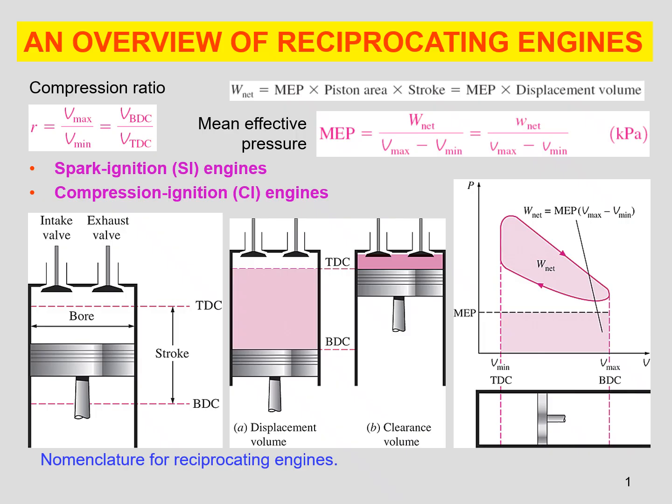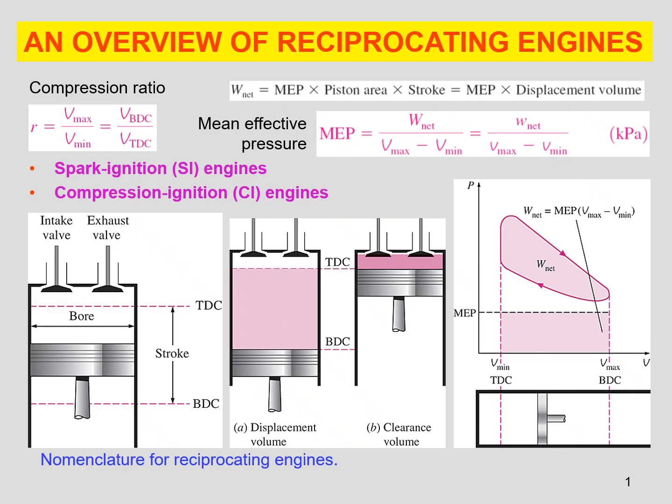The piston position at the BDC, bottom dead center, is at the maximum volume, and the piston position at the top dead center, TDC, is at the minimum volume. So the ratio of the volume at the BDC over the volume at the TDC, or maximum volume over the minimum volume, is considered the compression ratio.